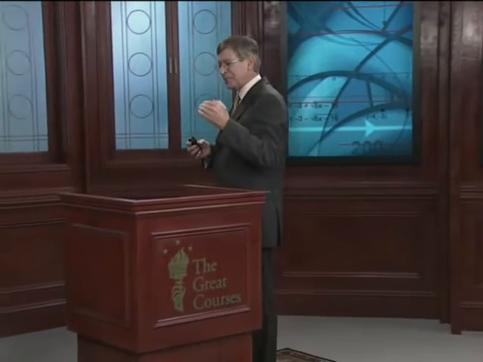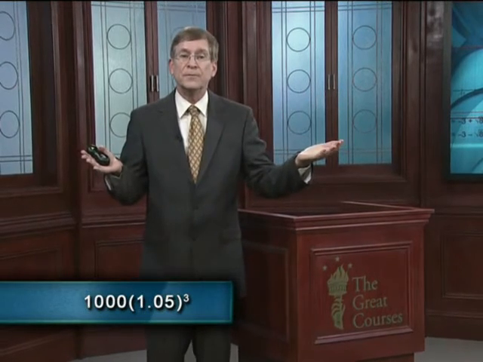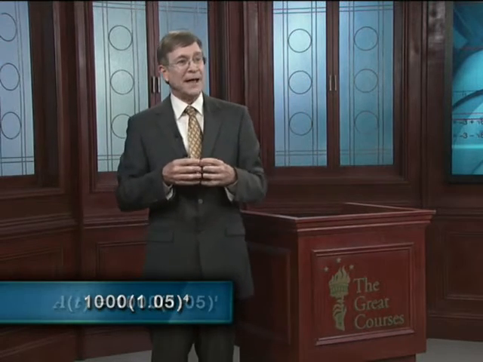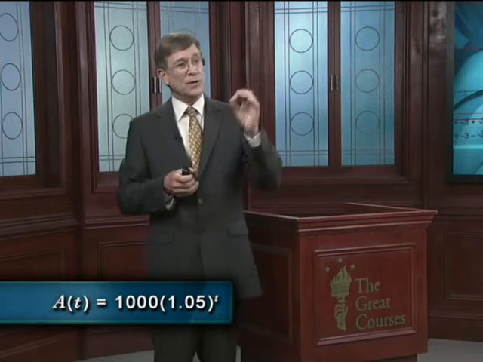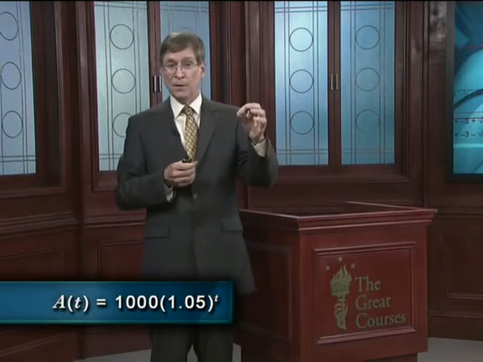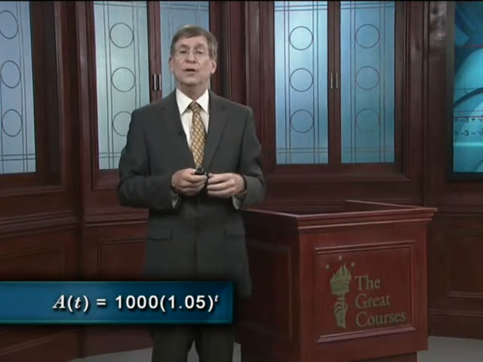It's really good stuff. And in fact, if you continue this argument, I think you can see that after 3 years, you'd have 1,000 times 1.05 cubed. And after 4 years, it'd be to the fourth power. And in fact, after t years, where t is any positive integer, you would have 1,000 times 1.05 to the power t.